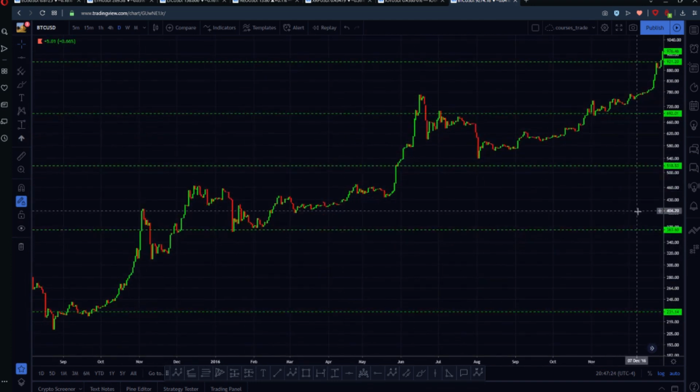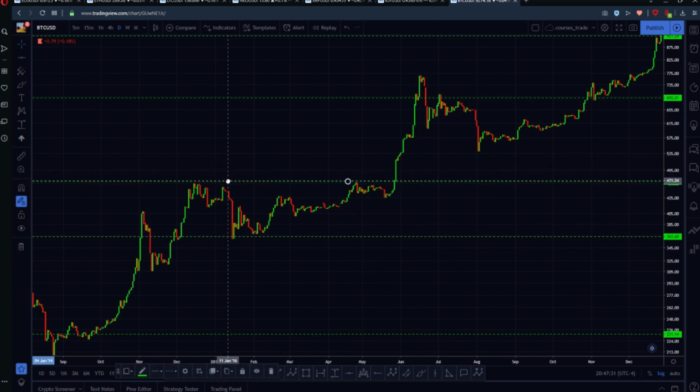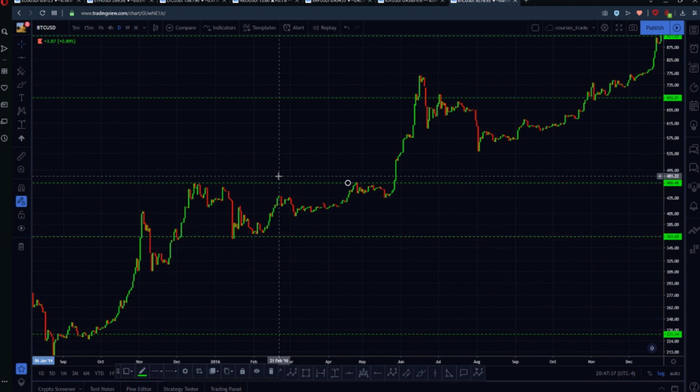Now remember, because this is a new trend, maybe you'll have to adjust this one a little bit here. The reason is they are not just lines, they must be considered as zones.